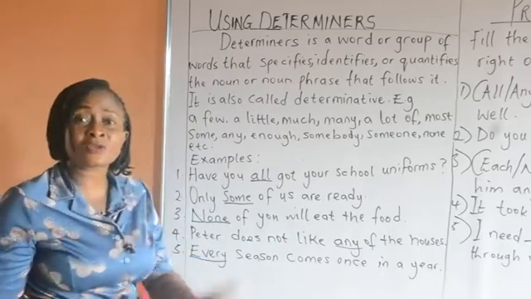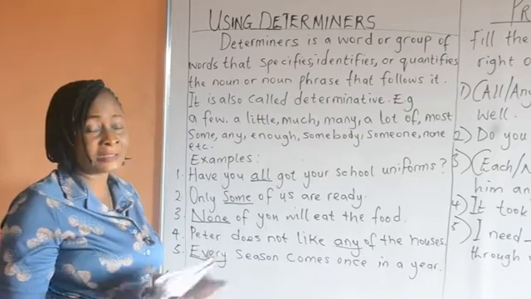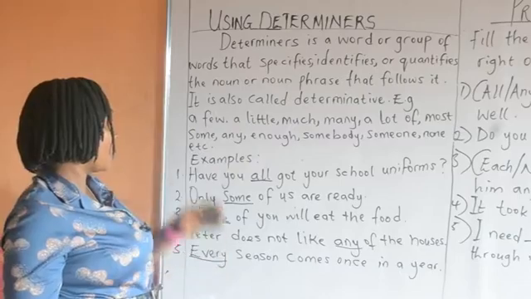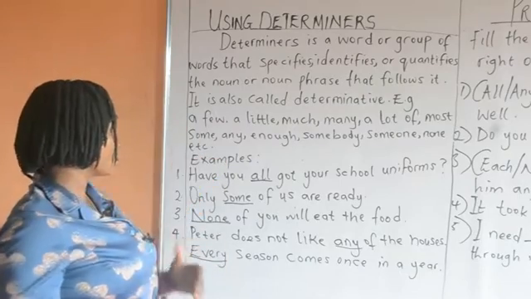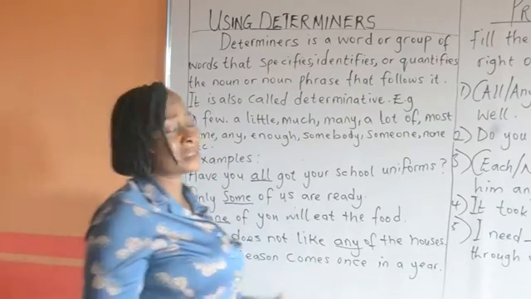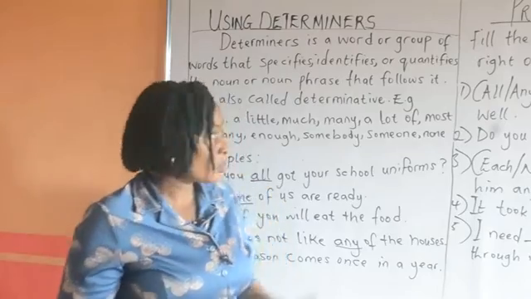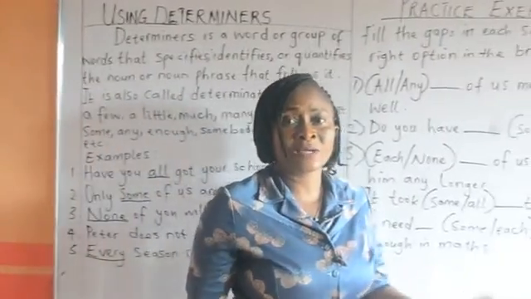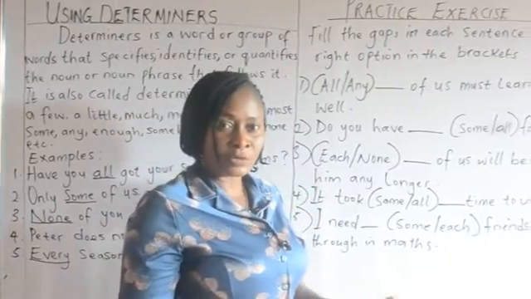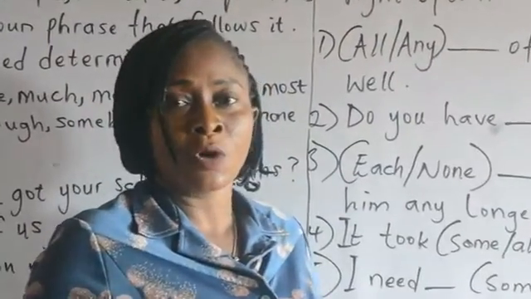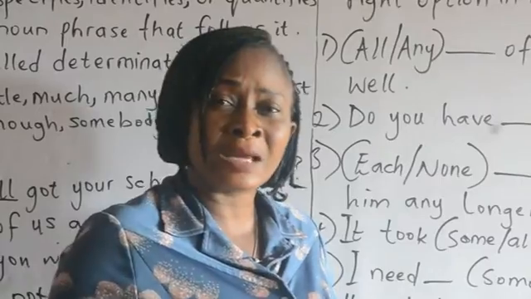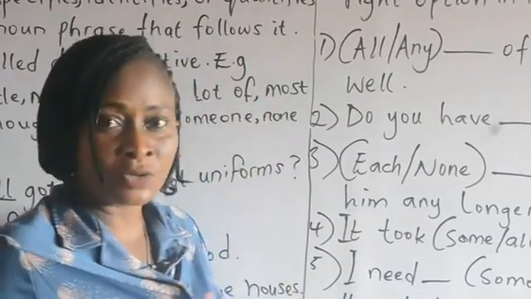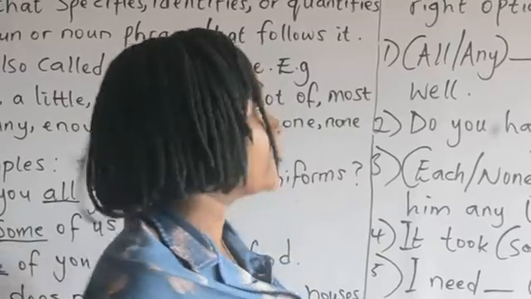And that it is also called what? Determinative. So it's also called determinative. And you have the examples on the board and the way it is being used. It's very, very simple. So please, there are so many determinants that you can come across when you're reading your books, or when you're studying, or even during conversation. So take note, when you see those words, know that they are called determinants.